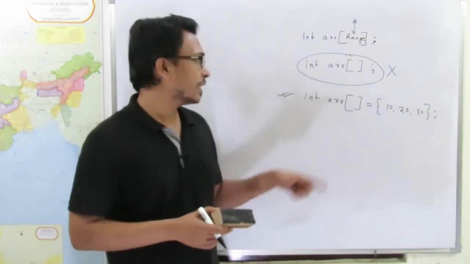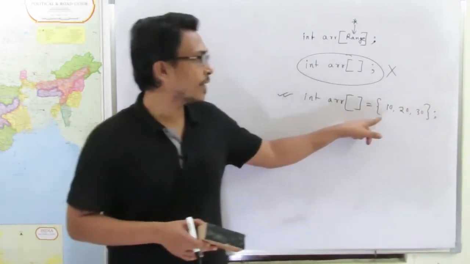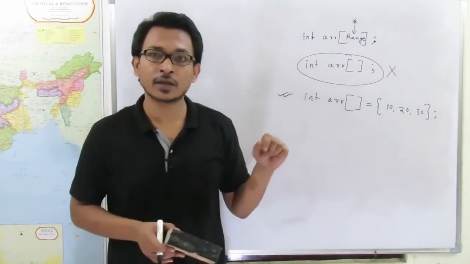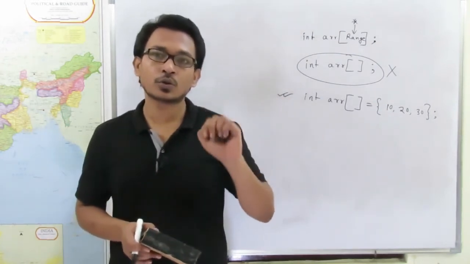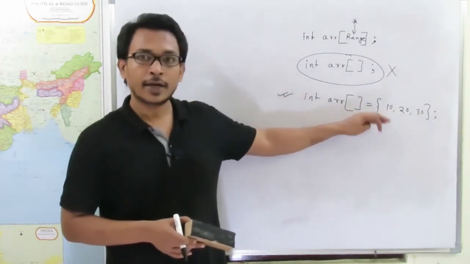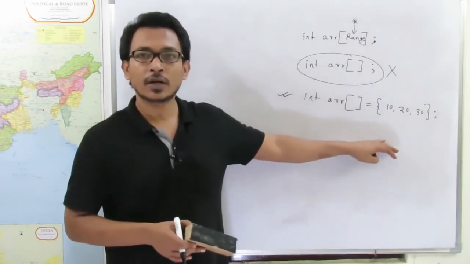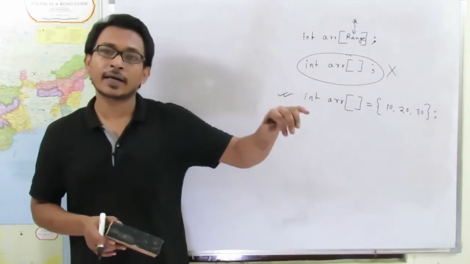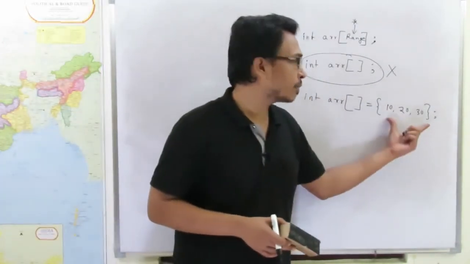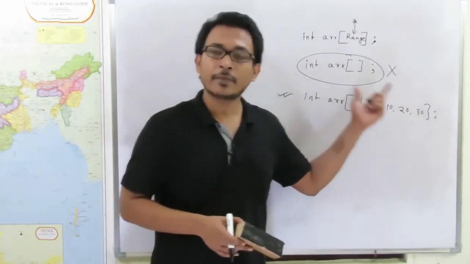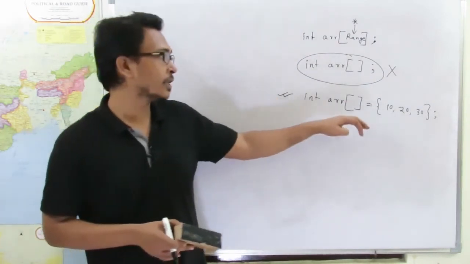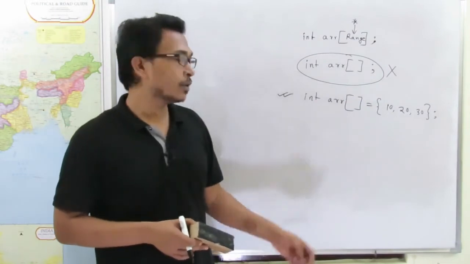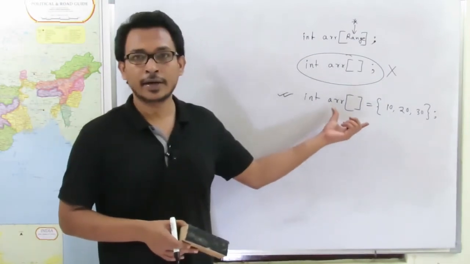Clear? Now in this case, as we already specified the elements, the system already has the information of how many elements we want to store in this particular array. We want to store only 3 elements. That means the system gets the value of range from this initialization, and because of that the system will not give any error, even though we did not specify the range.